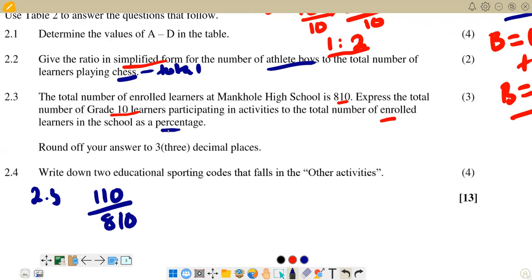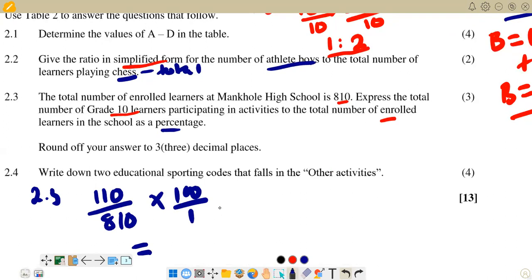Whenever we're expressing as a percentage, we multiply by 100 over 1. So we can put these figures in our calculator. Just put 110 in your calculator divided by 810. Then the answer that you get, multiply by 100 to give you the percentage.